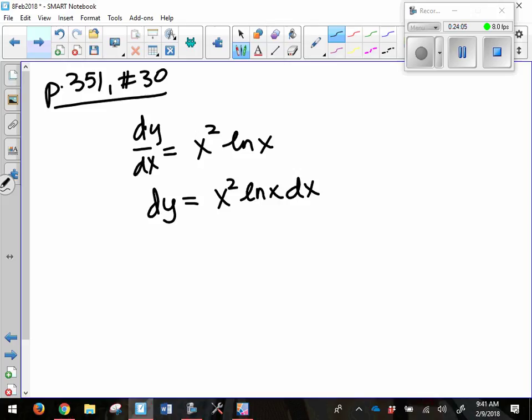And as a sneak peek for what we're going to do after the AP exam, this, I believe, is a separable differential equation because I can get all my y's on one side with the dy, all my x's on the other side with the dx. And we'll spend more time with differential equations after the AP exam. Of course, there's an after the AP exam. We get to do fun stuff.